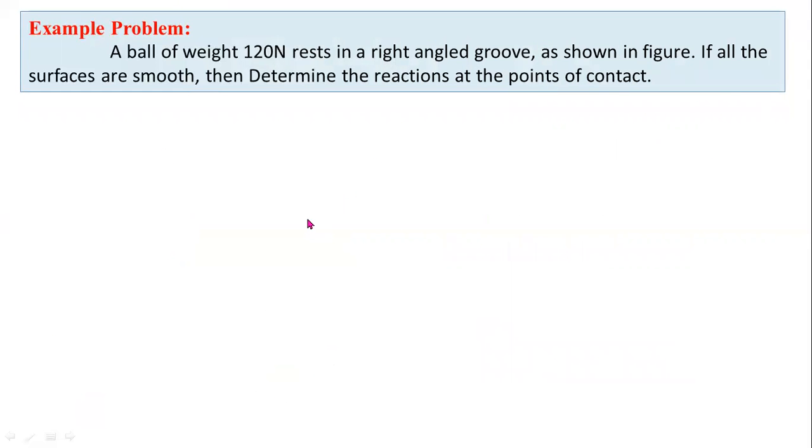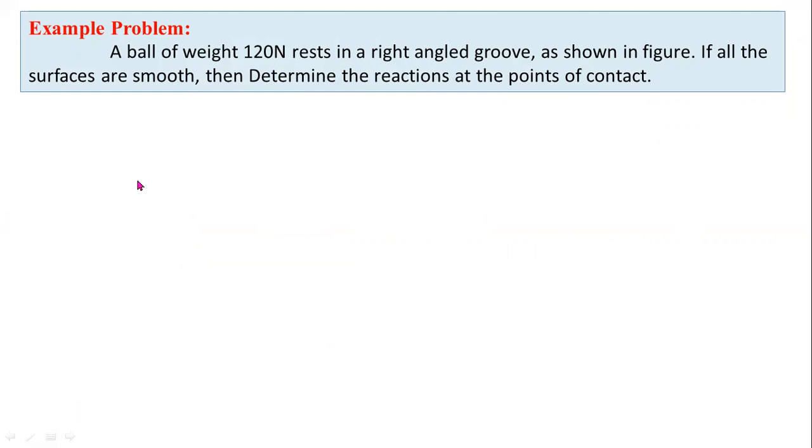Now this is an example problem. For solving this problem, we have to use Lamy's theorem. A ball of weight 120 newtons rests in a right angled groove as shown in the figure. If all the surfaces are smooth, then determine the reactions at the points of contact.